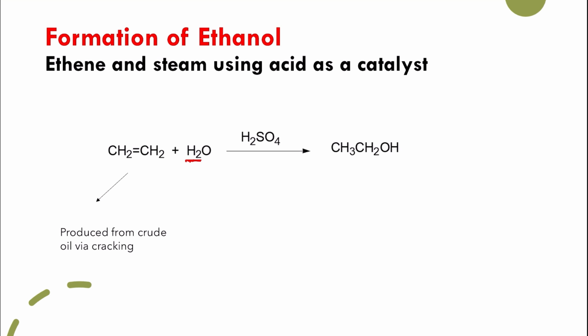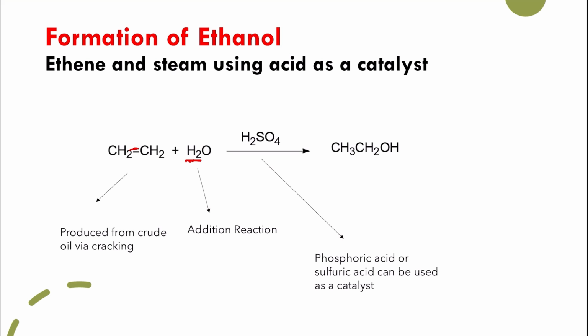Ethene is produced from crude oil via cracking, as we have seen. The addition of water, or steam, is called an addition reaction, as we have seen also with alkenes and halogens. Here the double bond was broken and then the water molecule was added: an OH was added to one carbon and a hydrogen was added to the other carbon to give you the alcohol, ethanol.